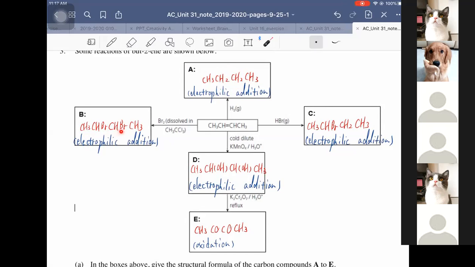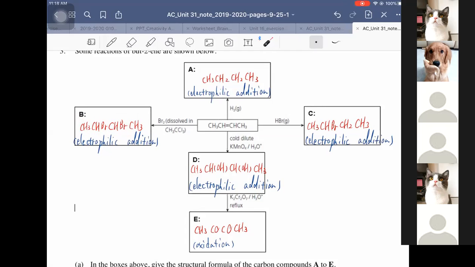Okay, how about B? For B here, if we focus on the middle 2 carbons, because it's symmetrical, for this carbon you can see it is attached to a methyl group, 1 hydrogen atom, and 1 bromine atom, and then further it has this alkyl group attached to it.